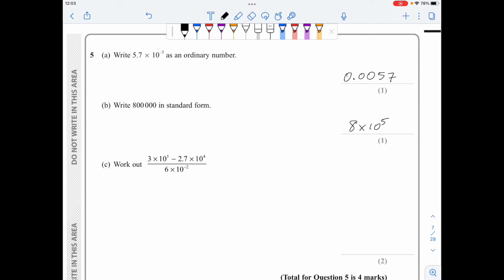And then part C, since it doesn't say without using a calculator or show your working, you can just put these on the calculator and get the answer. As an ordinary number, the answer is 455 with 4 zeros. As standard form, this is 4.55 times 10 to the power of 6. Both of these are equally accepted.